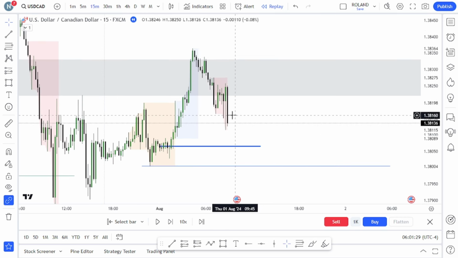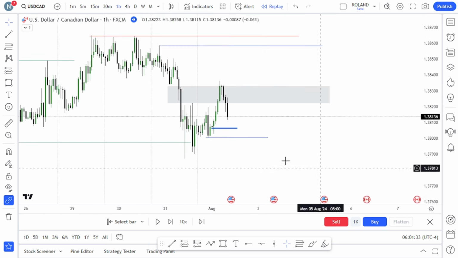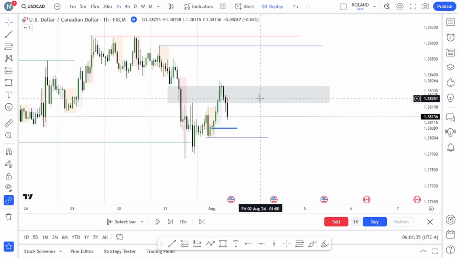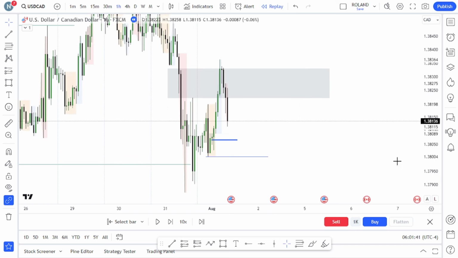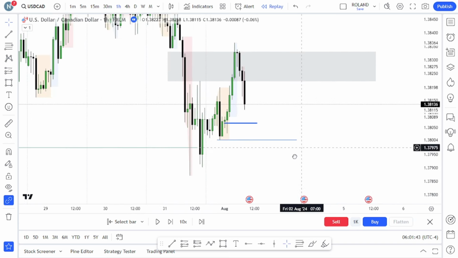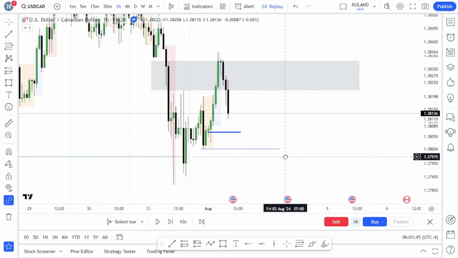So if price on the 1 hour gets to that point under the midnight in these conditions, then a bullish trade is a very smart idea. If this kind of thing happens, honestly speaking, extremely smart idea.